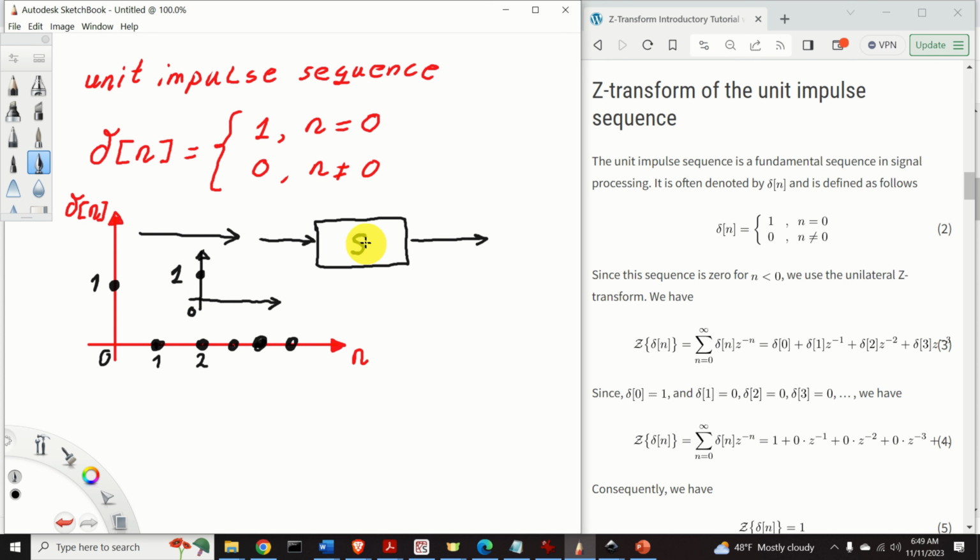Then the system will react, and if it's a dynamical system, you will see the impulse response. The response of the system in time can, for example, look like this. Or it might look like this.